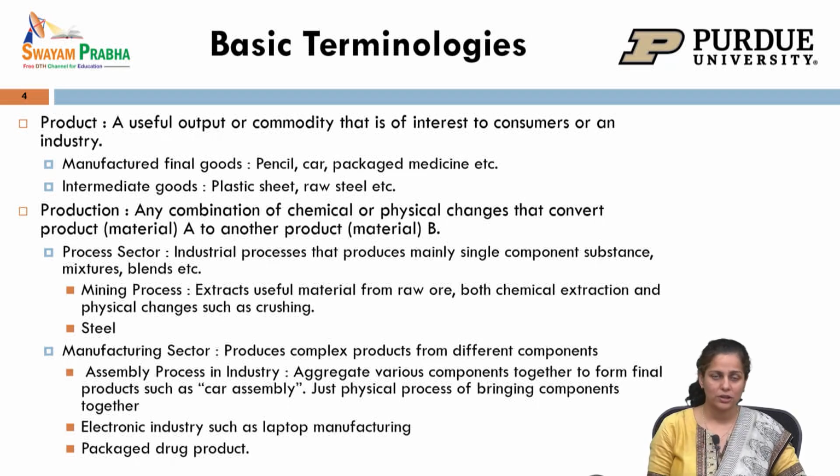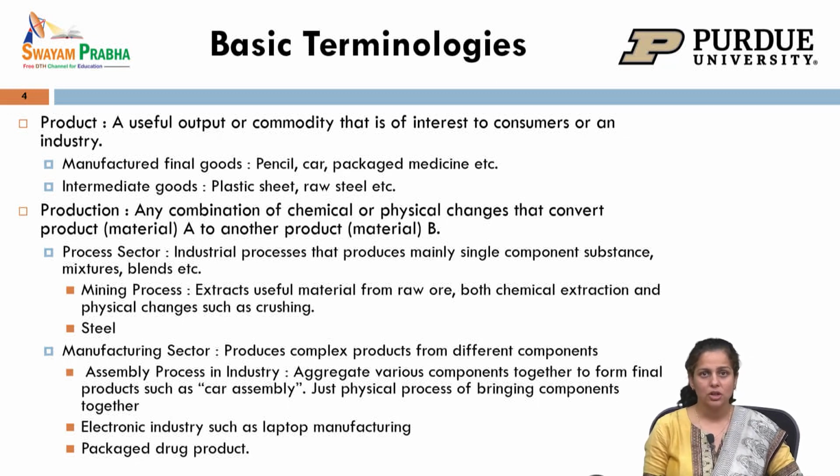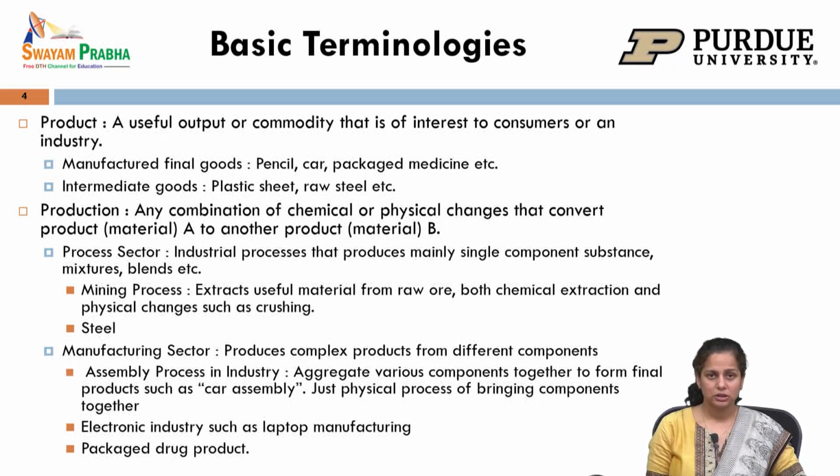There is input of energy, there is input of perhaps washing and cleaning and joint welding. So, the kind of processes that we talk about in these manufacturing sectors are inherently very different than the process sectors which involve transformation of material A to material B using chemical or physical processes.